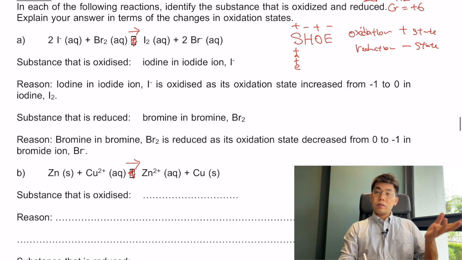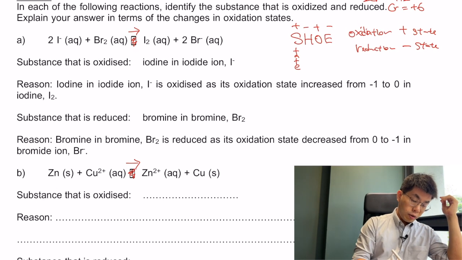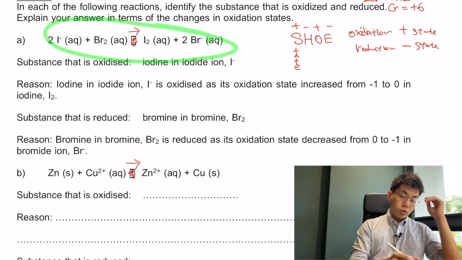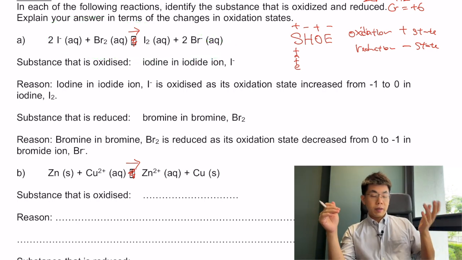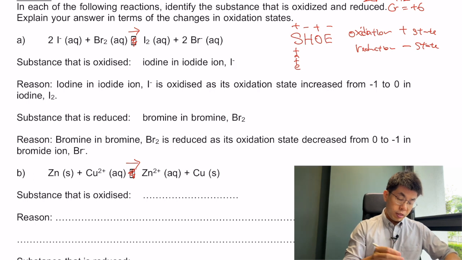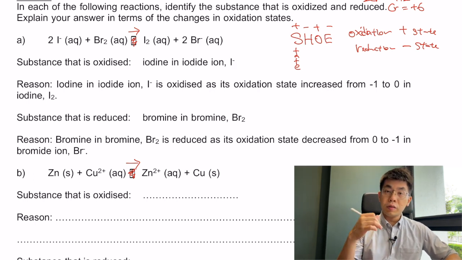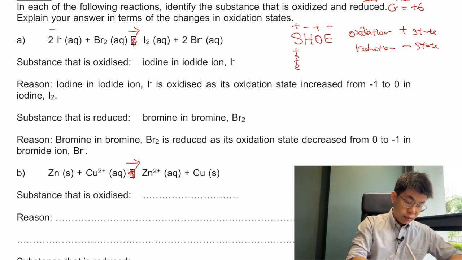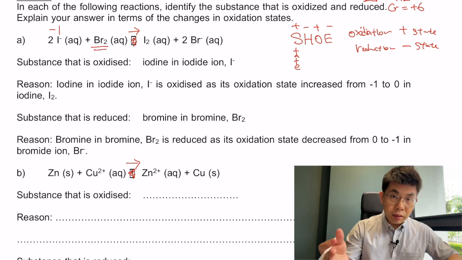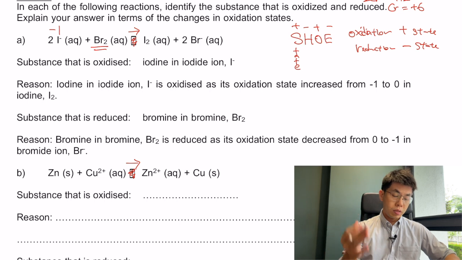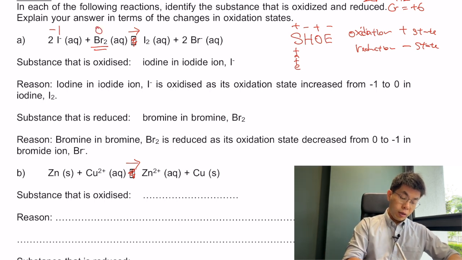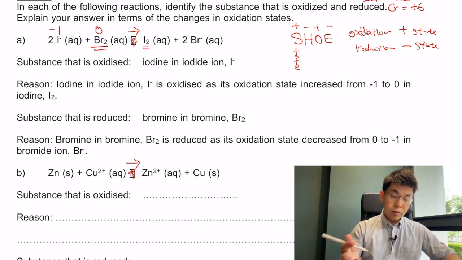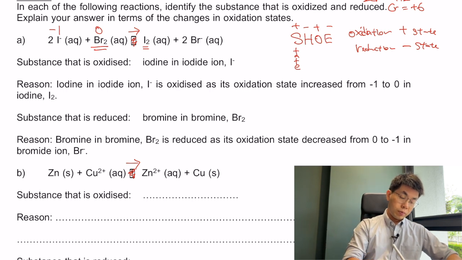All right, so let's look at, for example, this reaction that we can see over here. The first thing that we should do is fill in the oxidation states. For the first one, we've got I minus. There's already a charge there, so I minus will be -1. Next one is Br2. Br2 is an element, and an element is 0. Next one, I2, iodine is an element, and an element is 0.